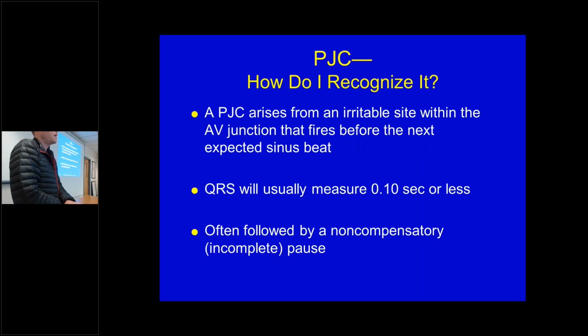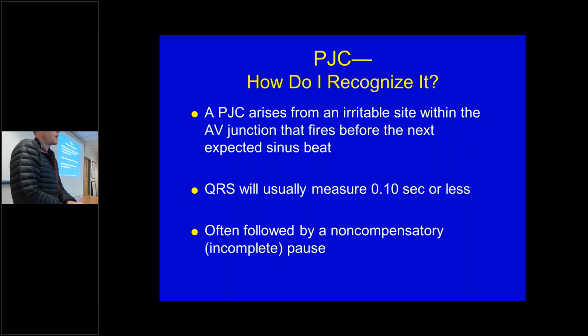So the PJC arises from an irritable site, excited pacemaker cells, and it fires before the next expected beat. The QRS is usually fine because there's still conduction down through the conduction system normally.